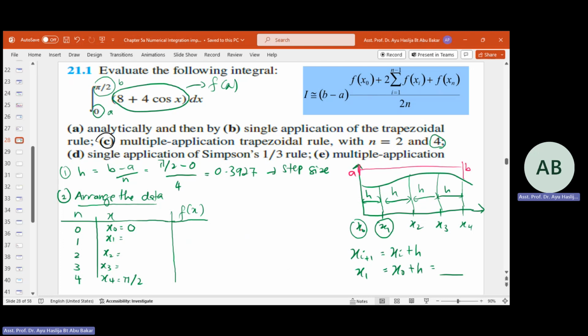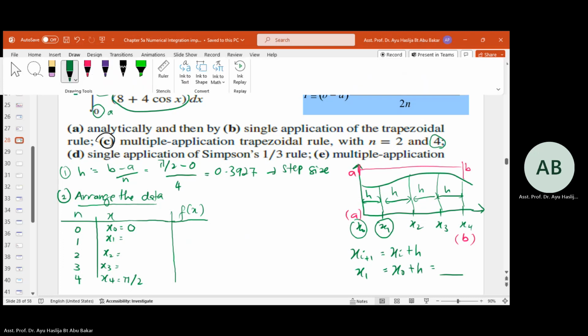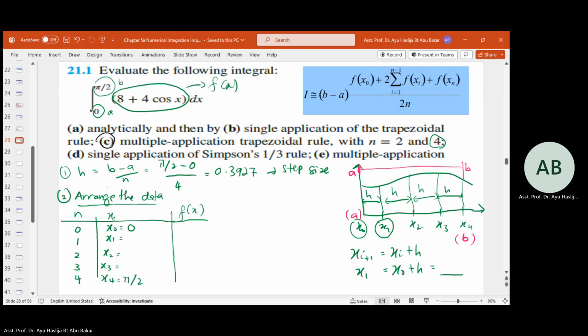So your x0 is your a, x4 is your b, the final point. Okay, so here your x1 will be 0.3927.